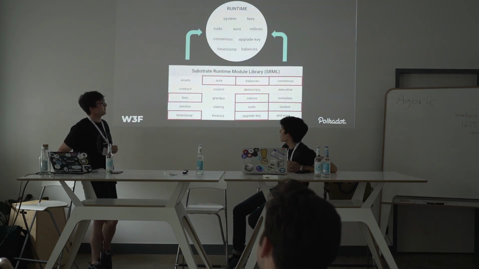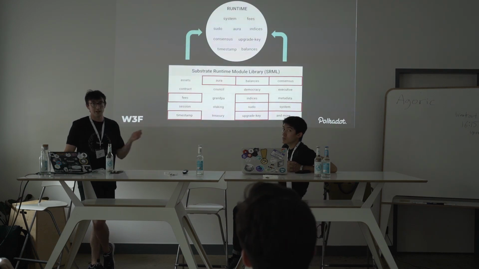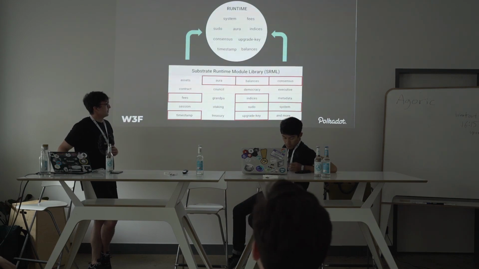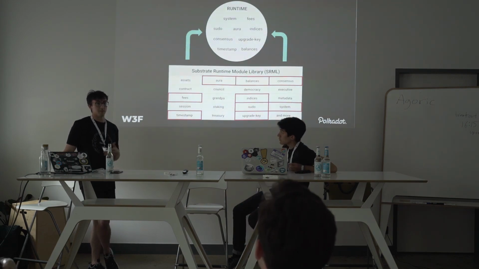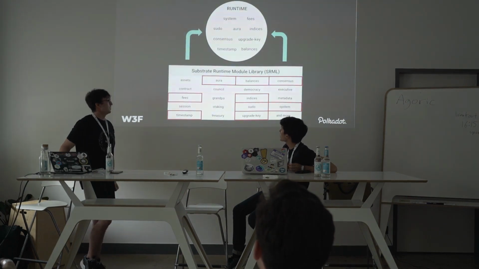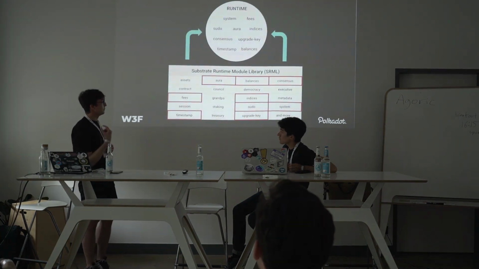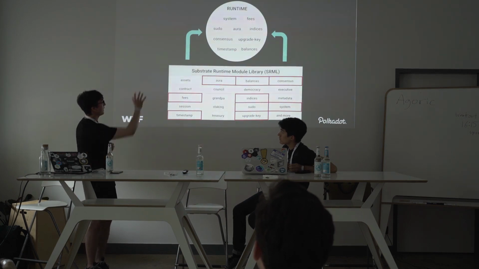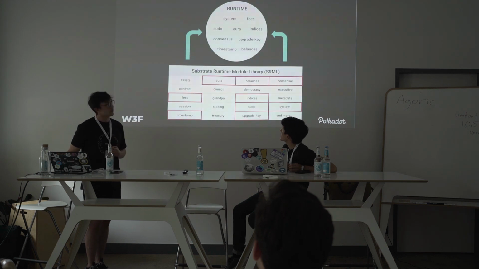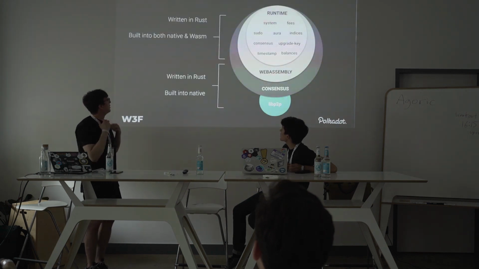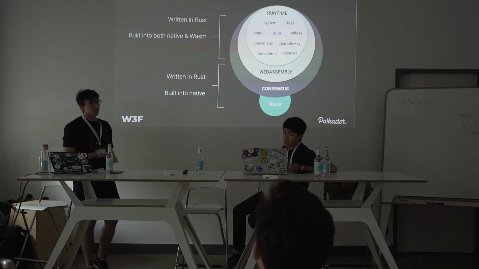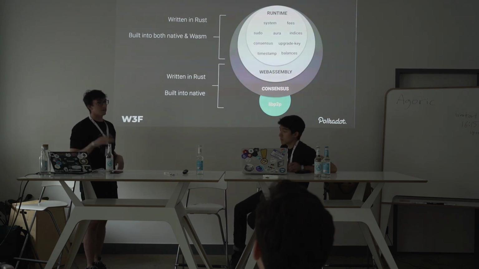So stuff like balances, so making transfers of currency, but also stuff to do with governance like democracy or the council. And as a developer, you can kind of pick and choose which one of these you want to put into your blockchain and create your own runtime from that. So the runtime is written in Rust, and it compiles down to both native code and WebAssembly.